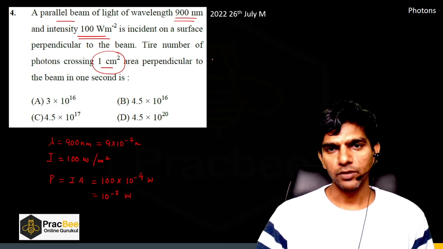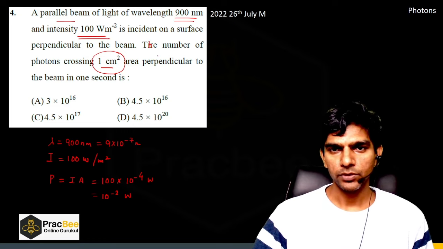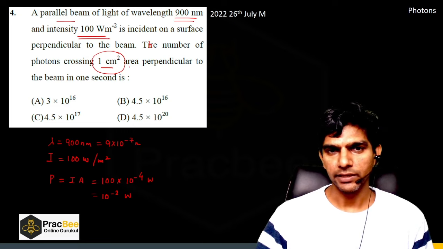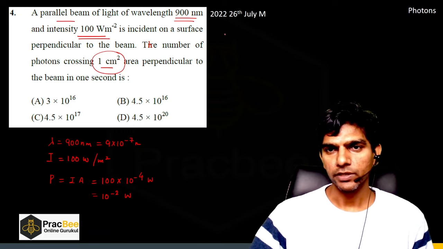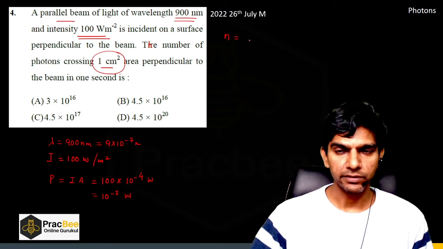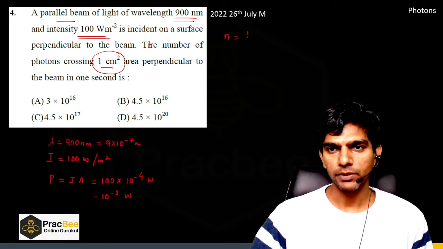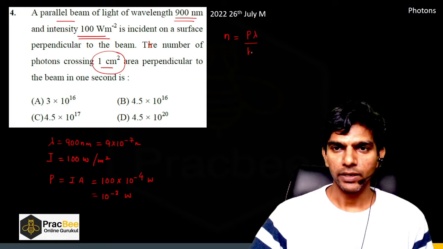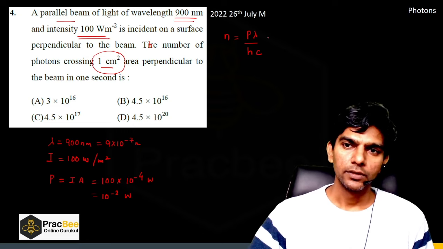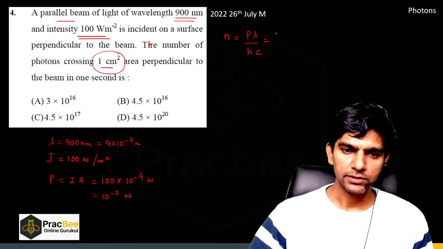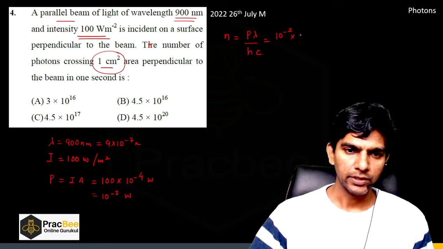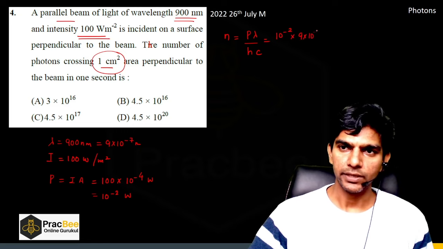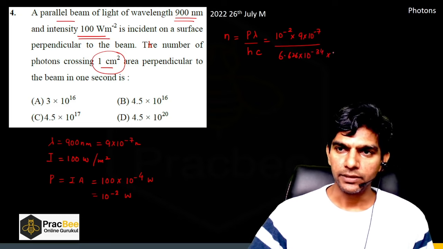Now if you want to find the number of photons crossing this area in 1 second, we can use this formula. So number of photons generated per second will be P lambda by hc. We know that power is 10 raised to power minus 2, lambda is 9 into 10 raised to power minus 7, h is 6.626 into 10 raised to power minus 34, and c is 3 into 10 raised to power 8.